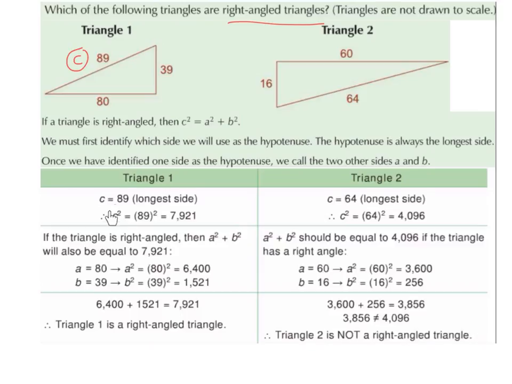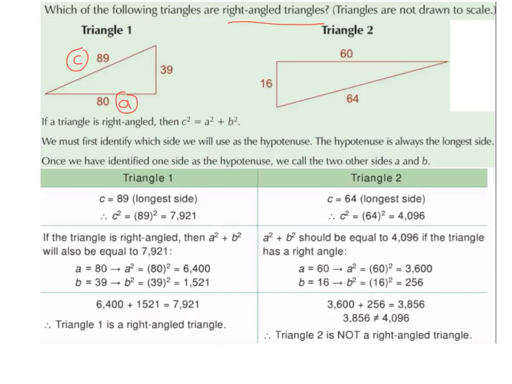So C squared is equal to 89 squared, which is going to be 7,921. So if the triangle is right-angled, then a squared plus b squared will also equal 7,921. So I'm going to label 80 as A. So we have a squared being 80 squared, which is 6,400.